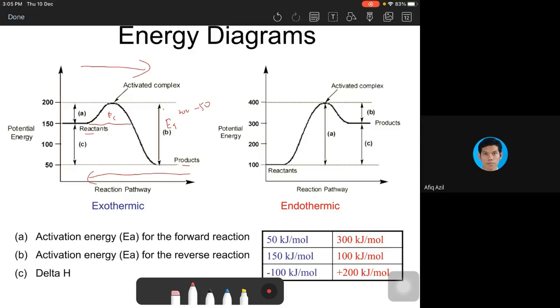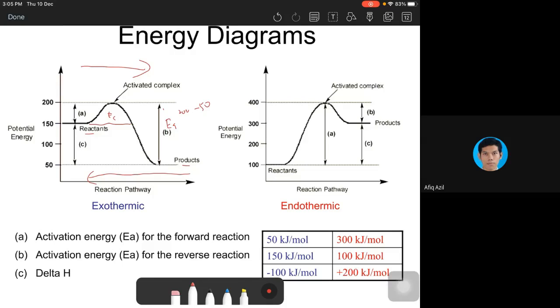That's how you get 150 kilojoule per mole. And then delta H will be the difference in terms of energy. So delta H in this case is the difference of energy, 150 minus 50. So negative 100 kilojoule per mole.